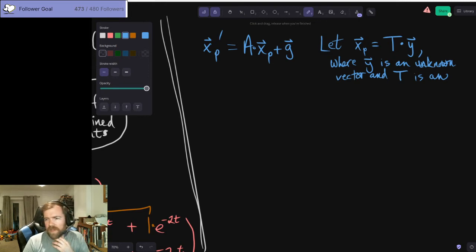I'm using the word appended, but I don't think that that's necessarily true. Concatenated? I guess what are you trying to say? You have the where y is an unknown vector and t is multiplied. So I would just say multiplied. Well, no, that is true, but what we're doing to make t in the first place is to take our eigenvectors. You're slamming the vectors together. Yeah.